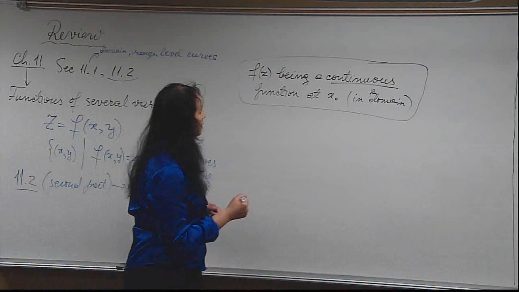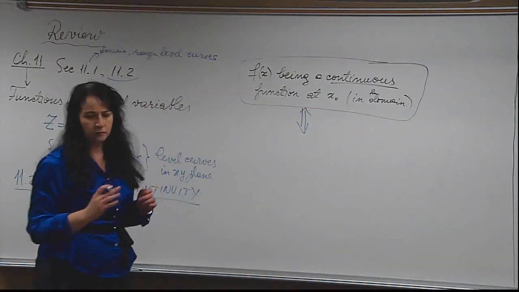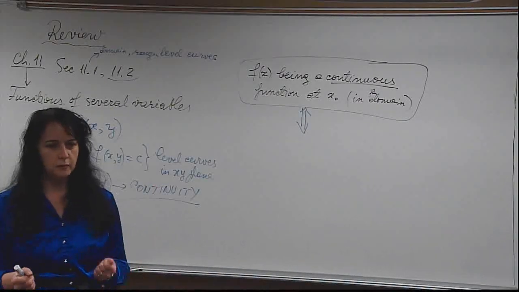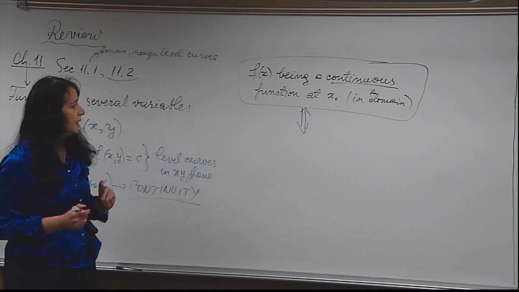This is if and only if what? Well, what kind of function is that? A one variable function, real valued, it takes values on, let's say, an interval on the real line.